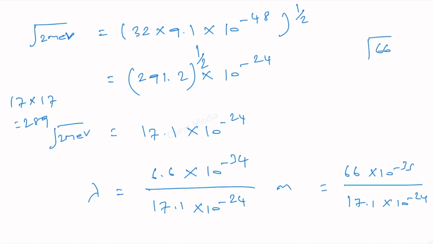Therefore 66 divided by 17. So 3 times will be 51, remaining 15. So raise it to the decimal, and then 8 times will be 136. So approximately 3.8, and therefore lambda is equal to 3.8 times 10 to the power minus 11 meter.